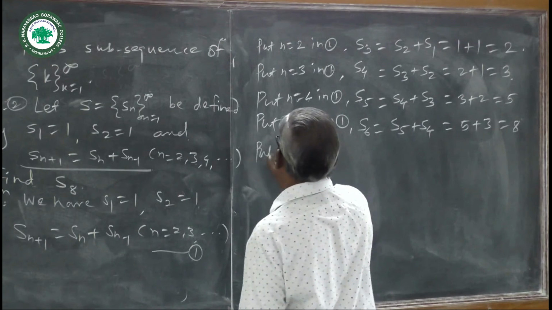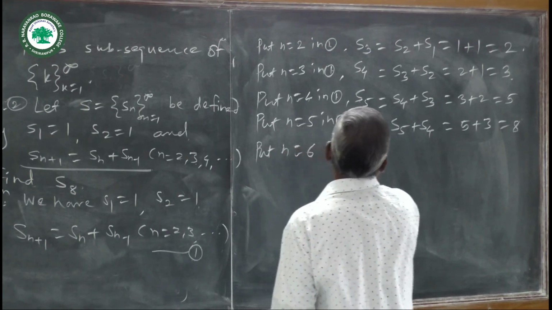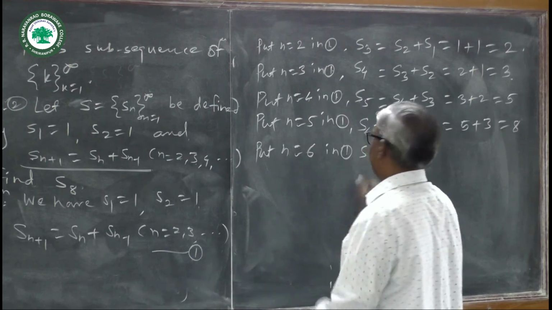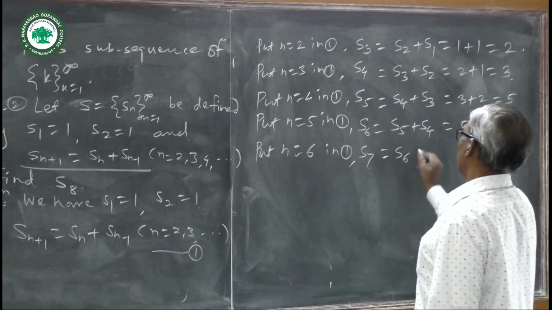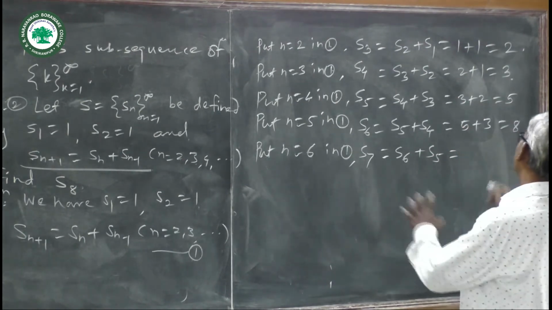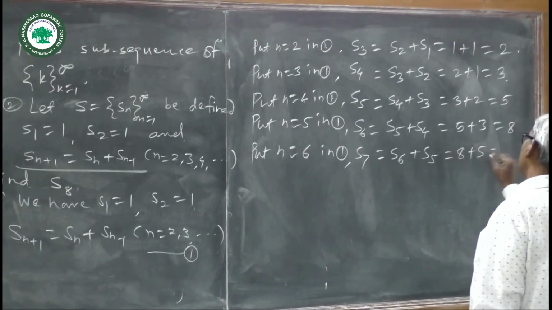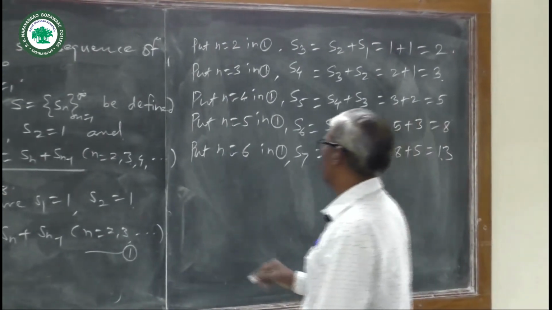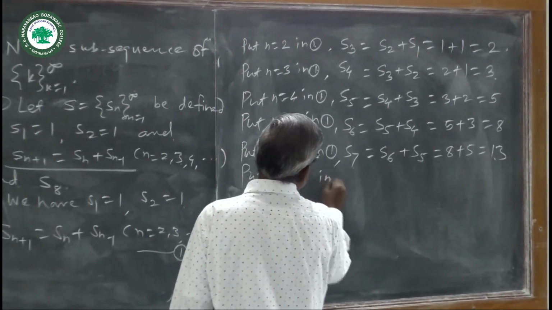Put n is equal to 6 in 1. We obtain 6 plus 1 is 7, S7 is equal to S6 plus S5, which is equal to S6 is 8 plus S5 is 5, 8 plus 5 is equal to 13. Put n is equal to 7 in 1.